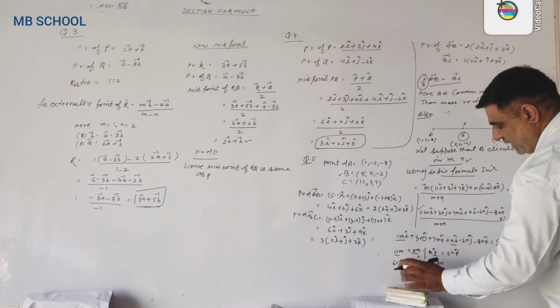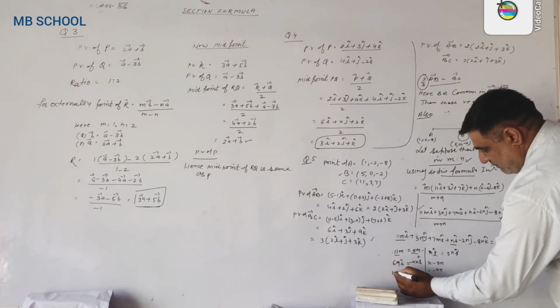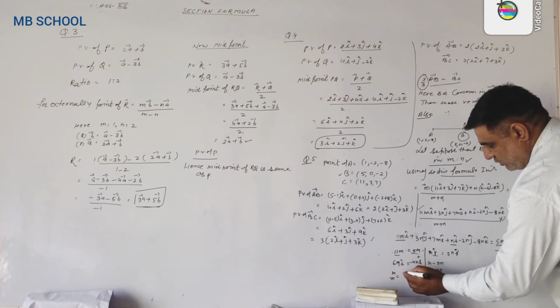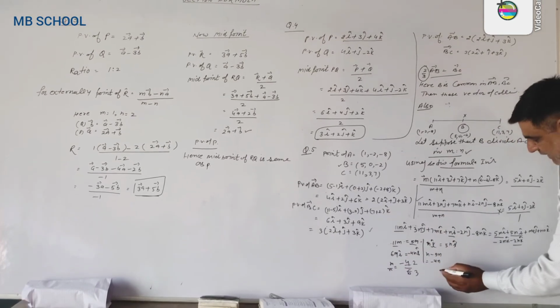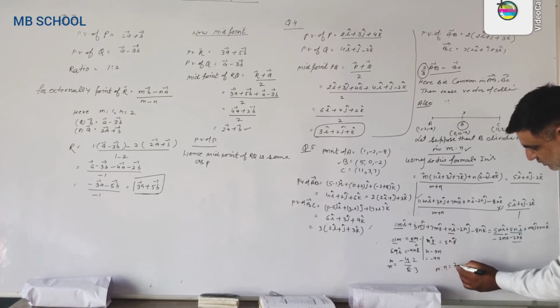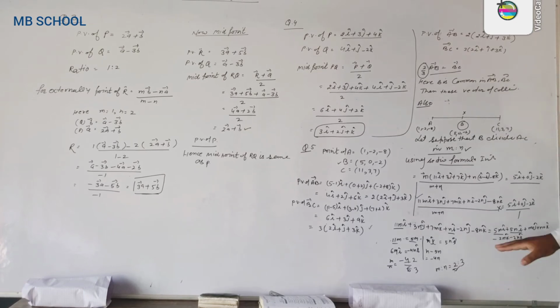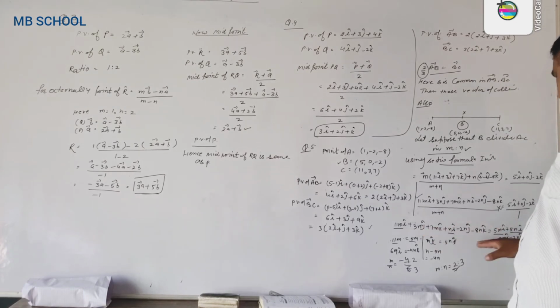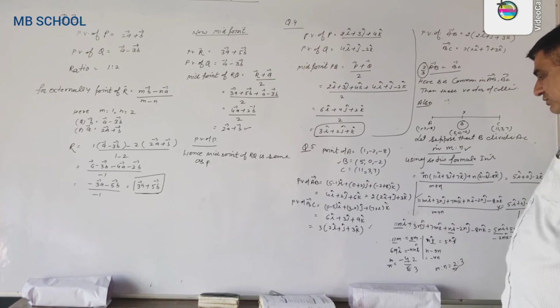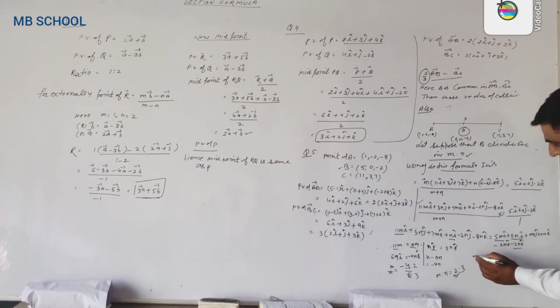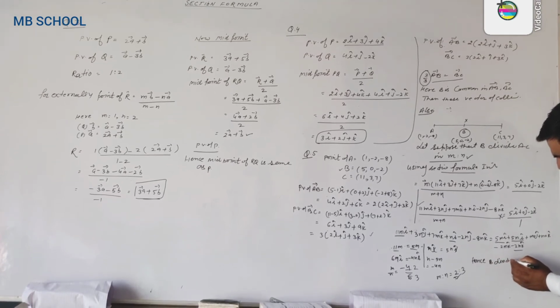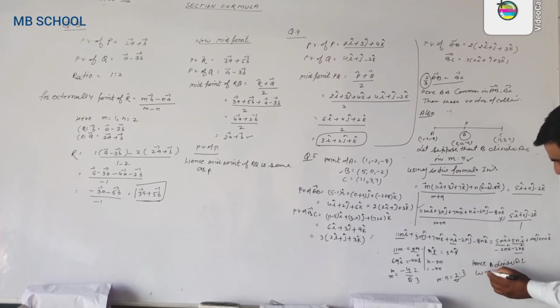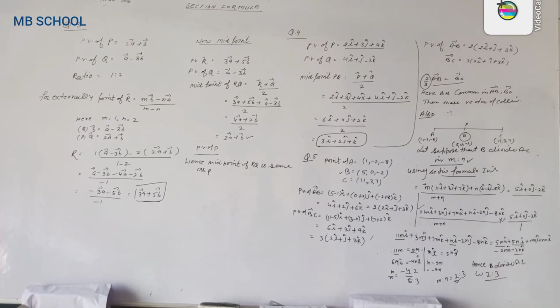So now we take 6m by n ratio equal to minus 4 by 6. Now we get m ratio n equal to 2 ratio 3. If we find this ratio by j and k too, we also get 2 ratio 3. So hence B divides AC in the ratio 2:3. Hence, 6.